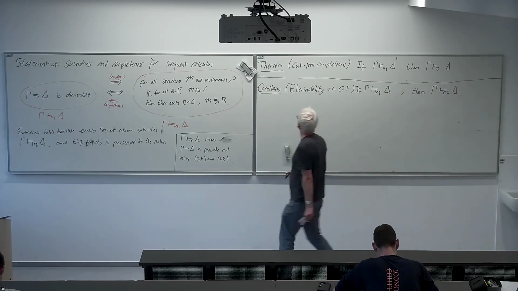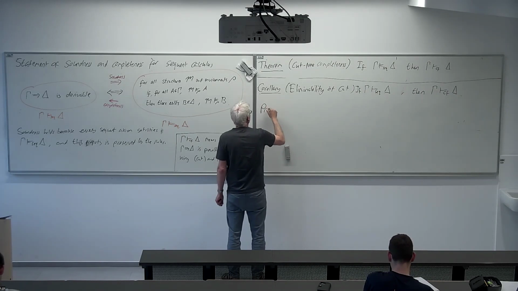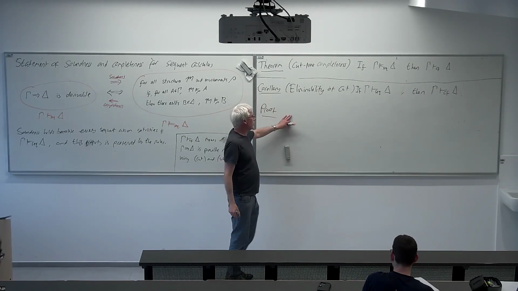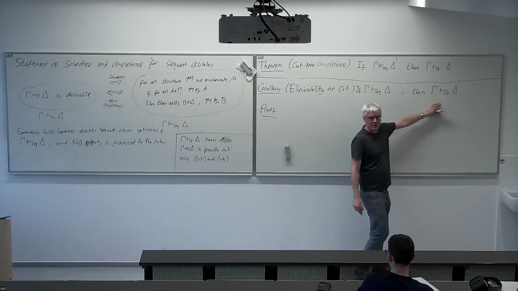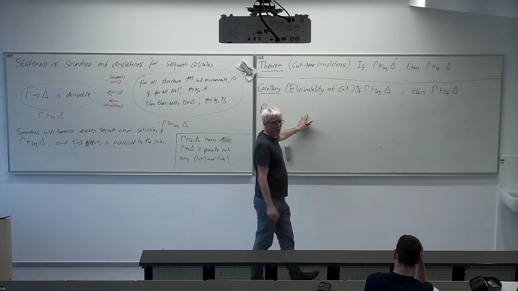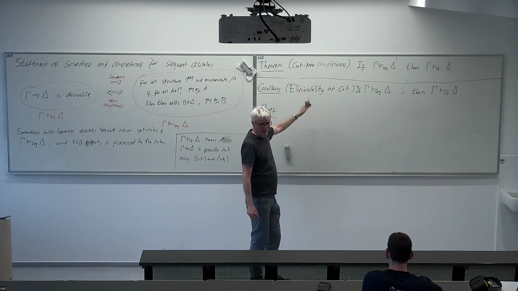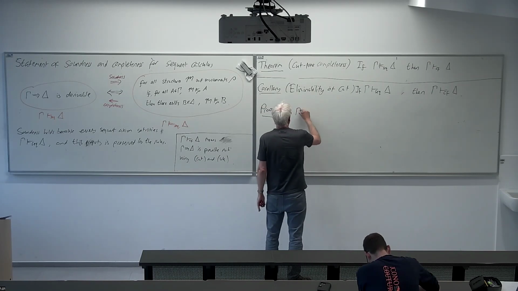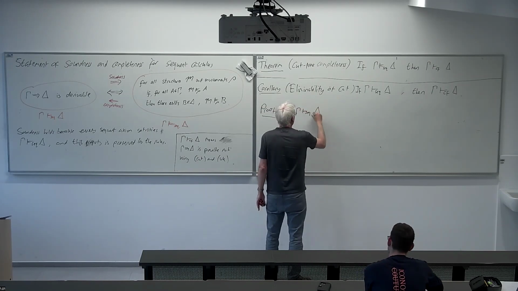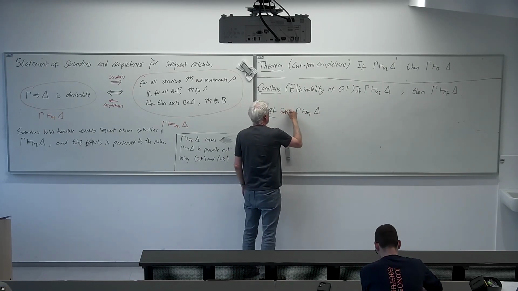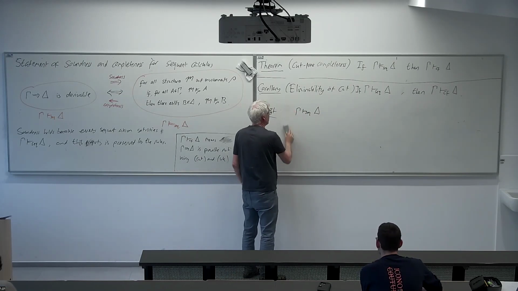And it has a one-line proof. So although it's a proof-theoretic statement, we have a one-line proof from the theorem using semantics. Suppose, let's just write it as a chain of implications.